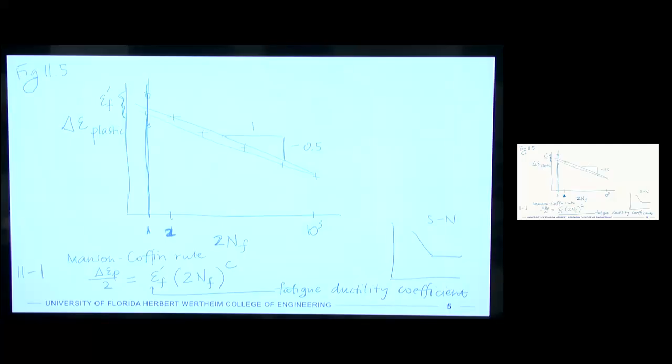2Nf is the total number of reversals to failure. So the 2 and the Nf has a different definition now. So N in the past was a fully reversing cycle. But now each cycle matters more.